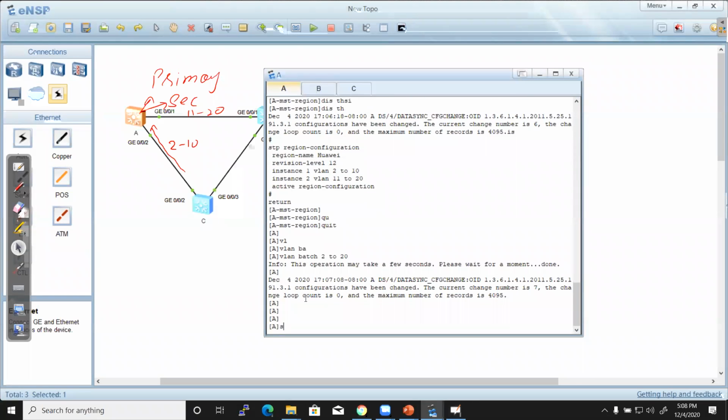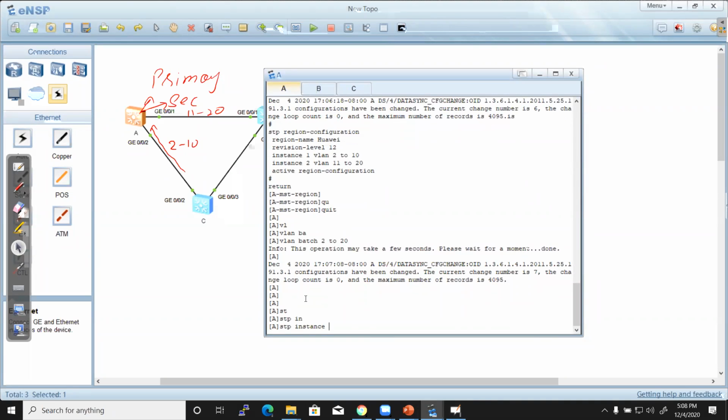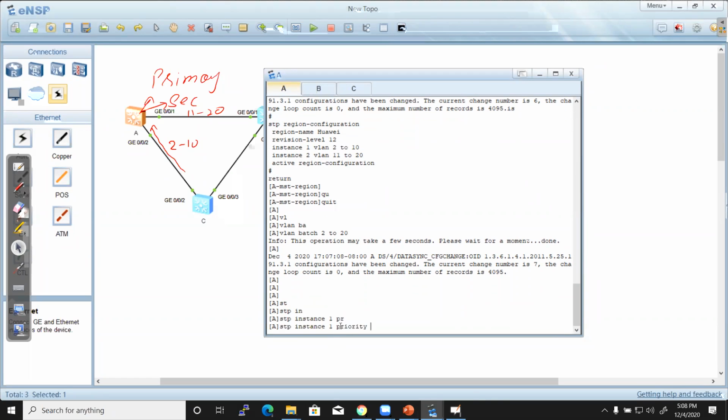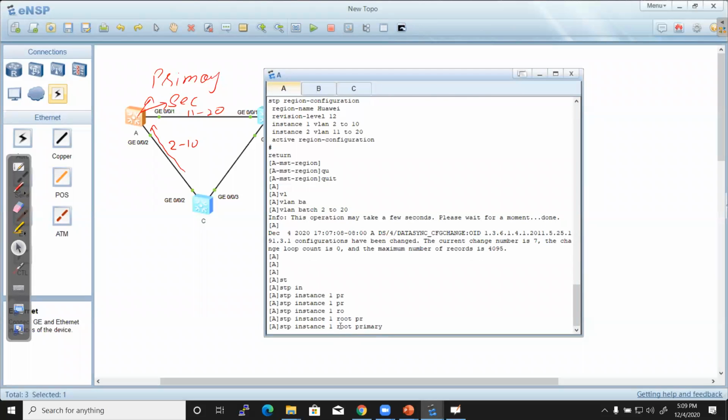You will say STP instance, which instance I'm calling, instance 1. Whenever I call instance 1, the VLANs that are going to be mapped are 2 to 10. So I'm saying STP instance 1 root primary. Instead of writing the priorities, you can play with the words.